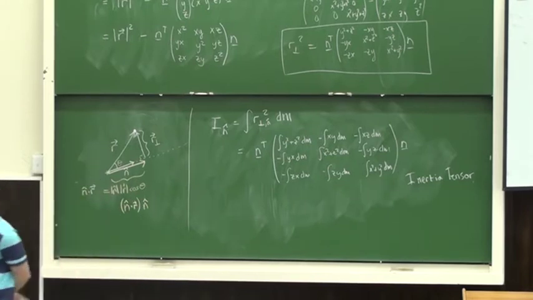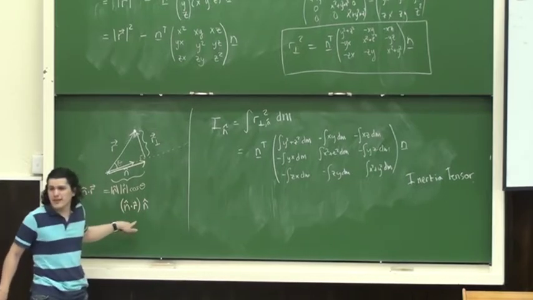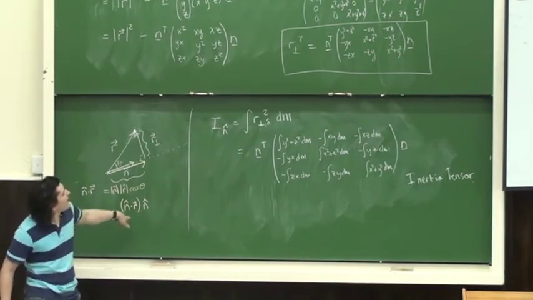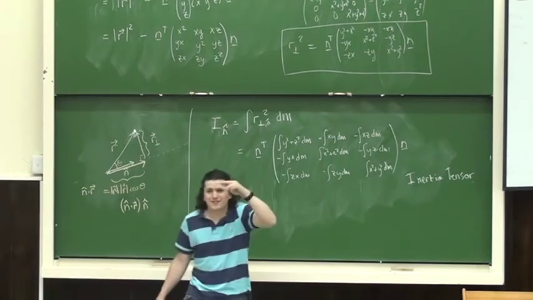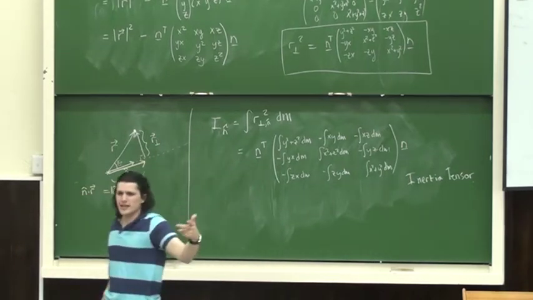Yes, question. Why must your axis be a unit vector? Alright, the axis doesn't have to be a unit vector. And then all that would happen is when we were doing this, we divide it through by the norm of the axis squared. And then all over the show we have dividing by the size of the axis squared.